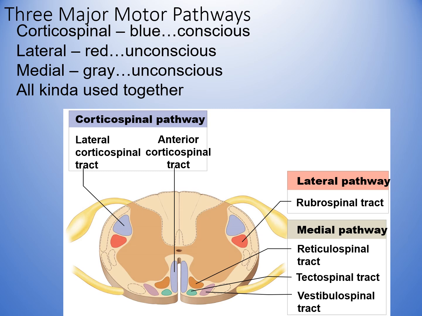Okay, now let's look at the three motor pathways. Again, I'm looking at only spinal white matter, and the white matter in specific areas has axons that are bringing information down.